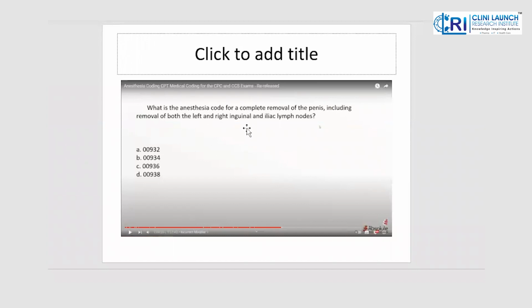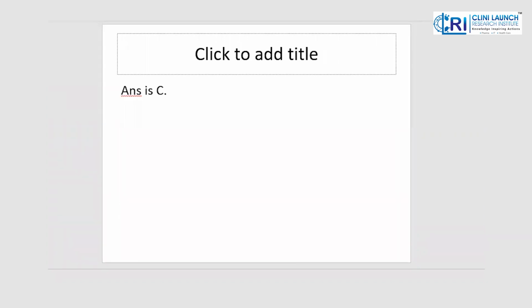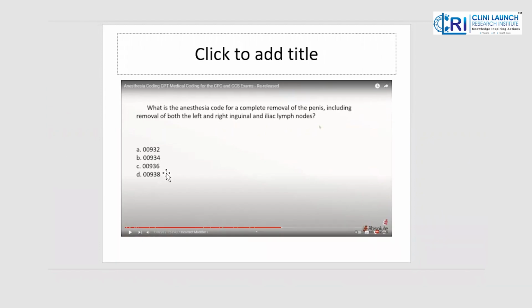That is why it is very important to read the question and understand what the scenario is asking for. Here all start from 00. When you look at the code description, C is your answer. 00936 is your answer. You can check in the CPT.